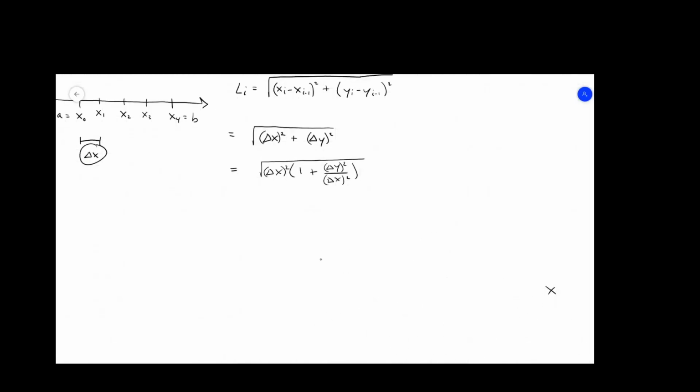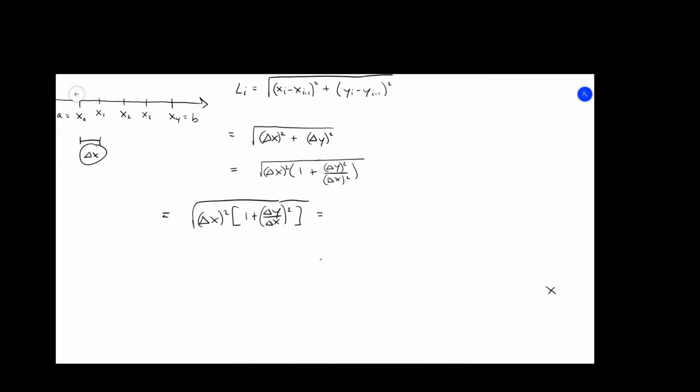Okay, so now that can then be rewritten a little bit better. We can write this as delta x squared times 1 plus delta y over delta x quantity squared. Okay, now notice then you can take that delta x out of there since it's squared.